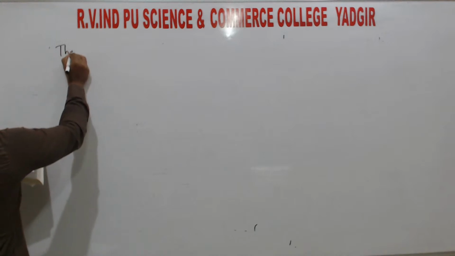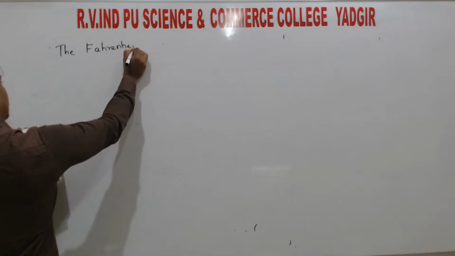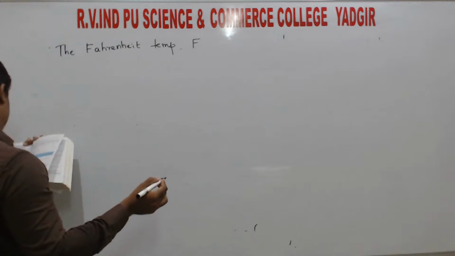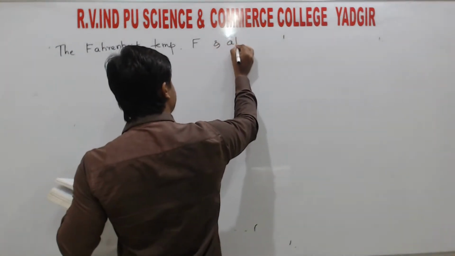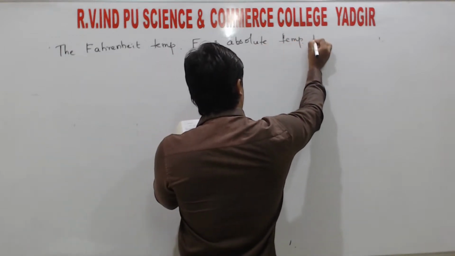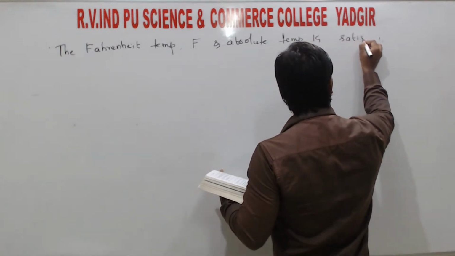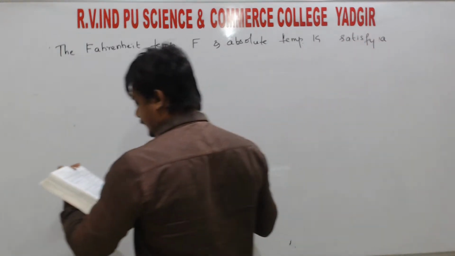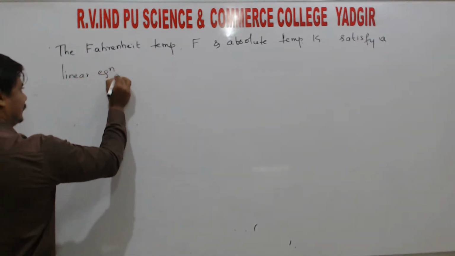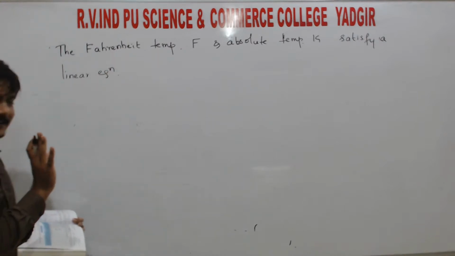The Fahrenheit temperature F and absolute temperature K satisfy a linear equation. Okay, you feel that the question is quite similar to the previous one, is that not?